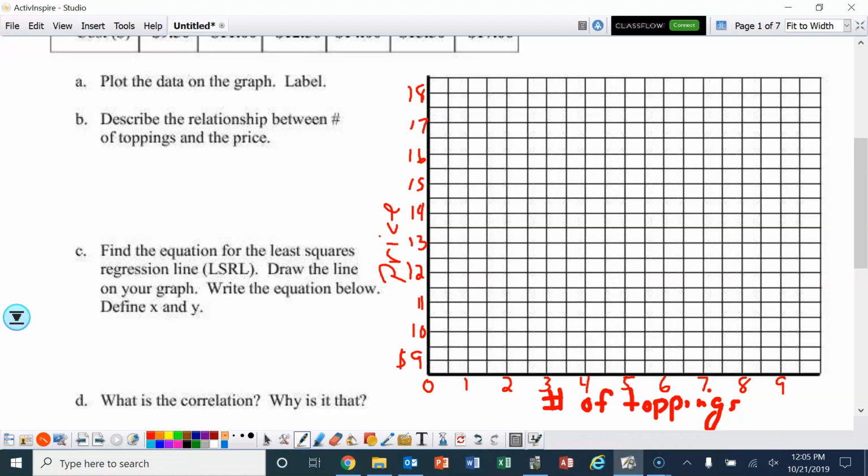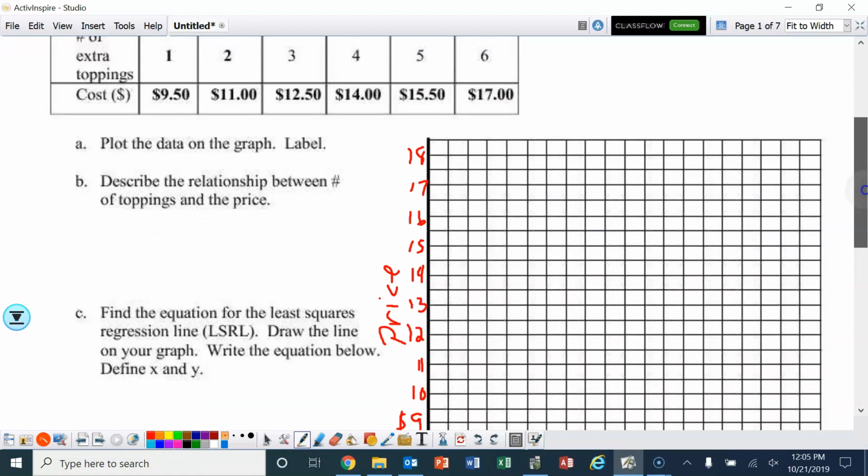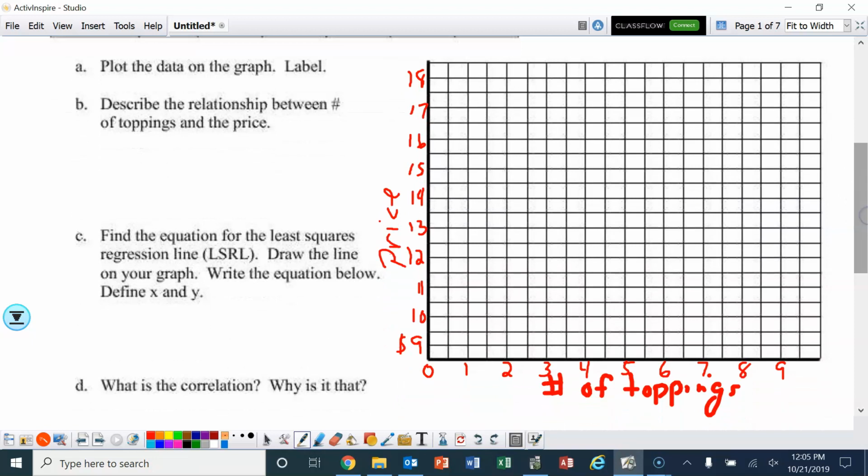All right, now we're going to plot the dots. So the first one is at one topping, $9.50. So right there is going to be my dot. Okay, the next one is 2 toppings, $11. 3 toppings, $12.50.